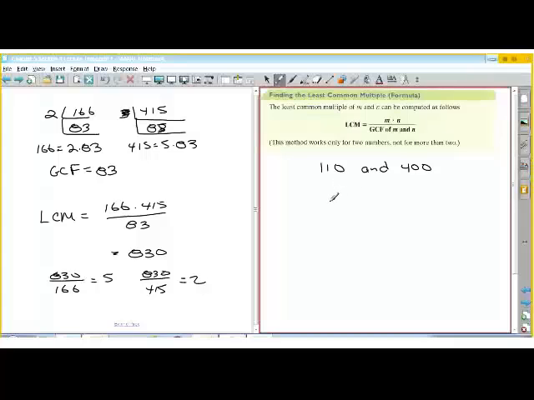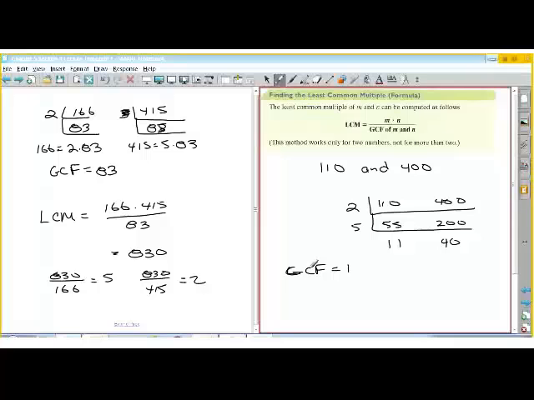So I'm going to do one more quickly. I think we already did this one, right? So you divide by 2, you get 55 and 200. And you can divide by 5, and you get 11 and 40. For the greatest common factor, you go until you can't divide by a common factor, which I can't at this point.